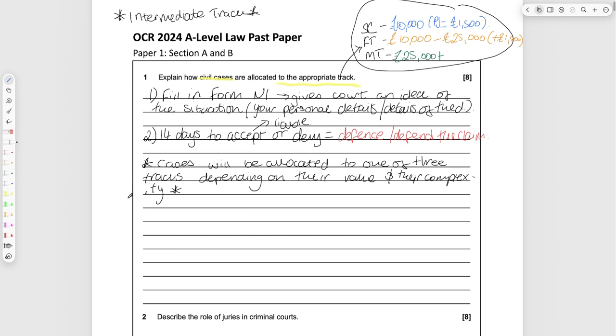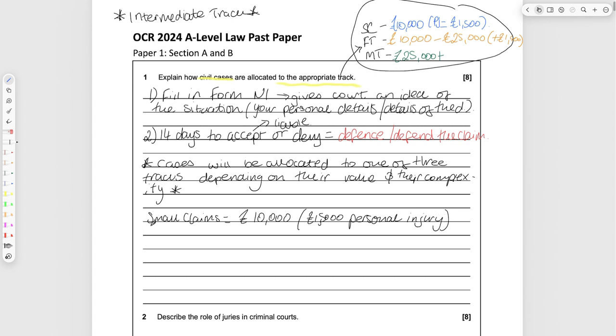So there's one of the three tracks. The small claims, exactly what it sounds like, for damages or reparations or whatever you want to call it, up to £10,000, or 1,500 for personal injury.